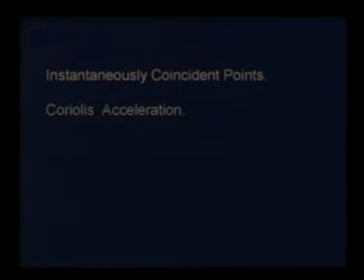In such a situation, as we shall see, one component of acceleration which is not trivial becomes very important. Consideration of that particular component, which we call Coriolis component of acceleration, is very important.